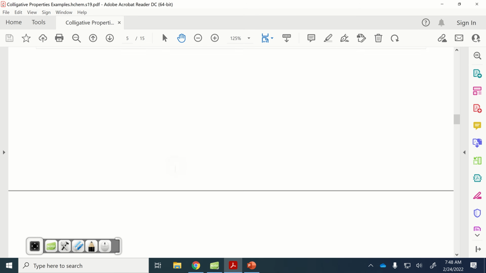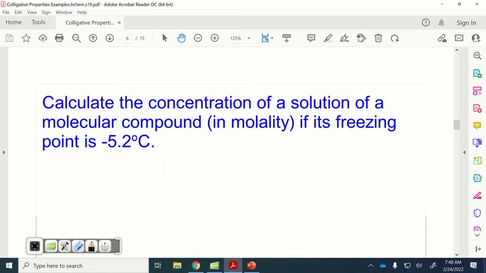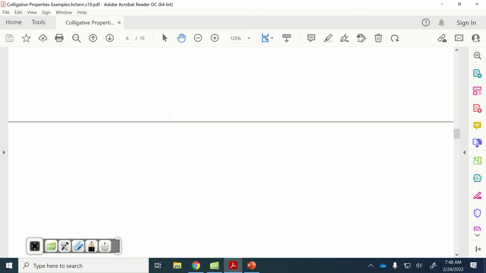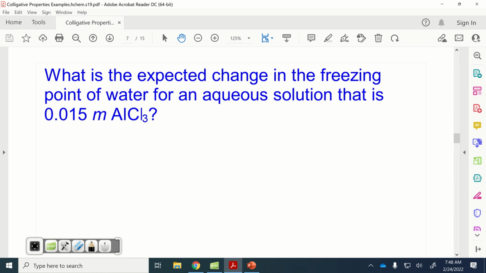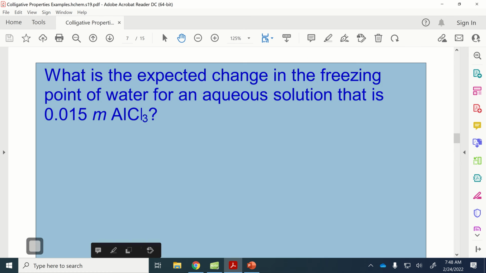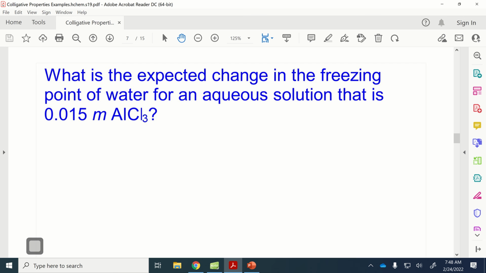All right, let's find one where we have a different Van Hoff factor. I know I have one down here. There we are. This one's being nice because it's giving us the molality again, but it says what's the expected change in the freezing point of water for an aqueous solution that is 0.015 molal AlCl3.